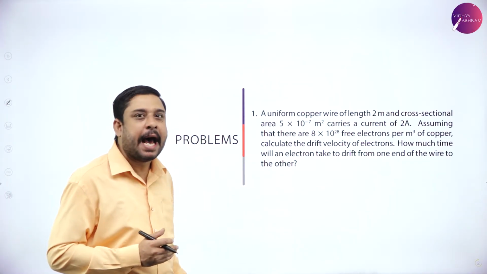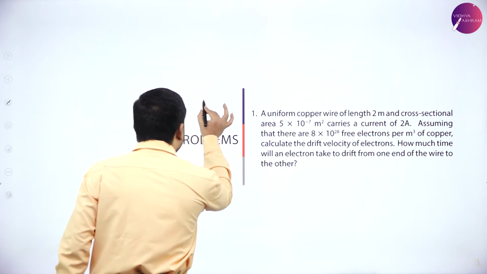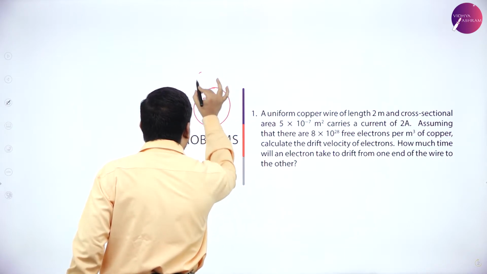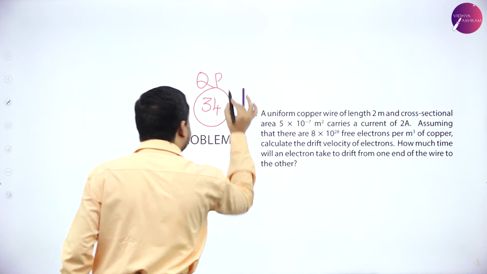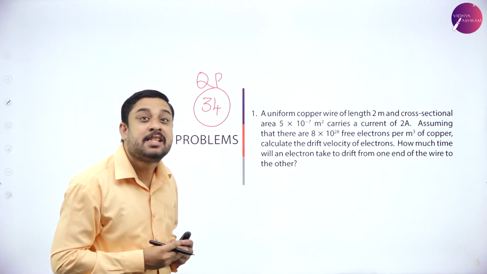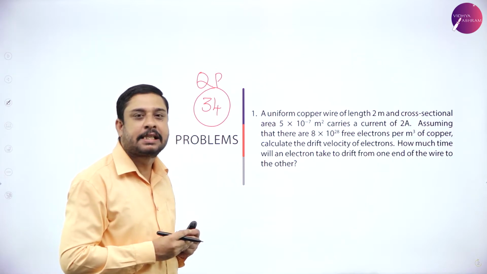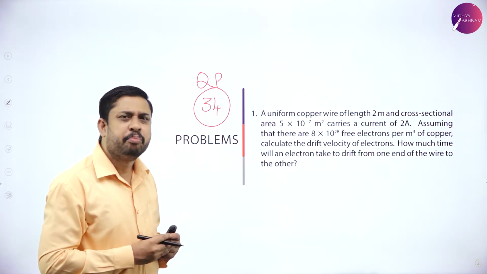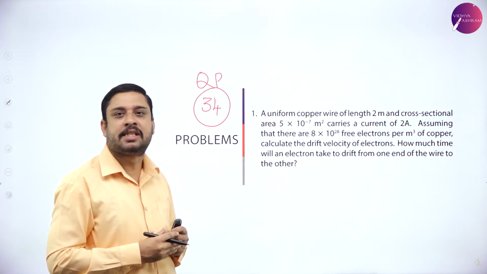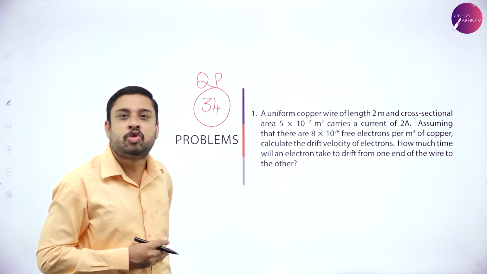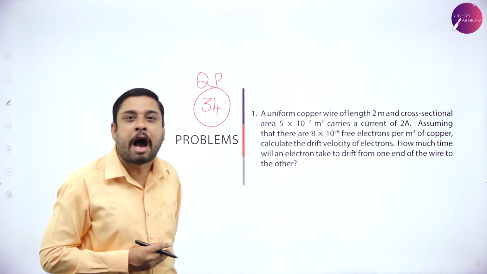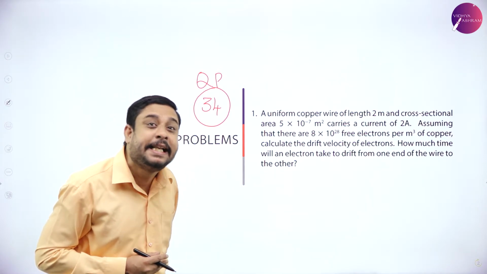The first one, as I told, question number 34 in the question paper is always from the master chapter Electric Current. Please take some time, understand the question. The solution lies in how well you have understood the data.